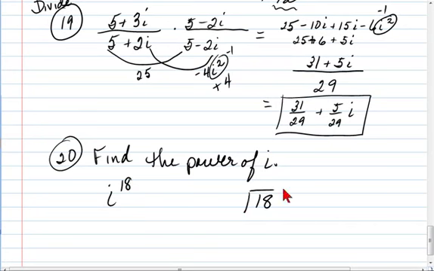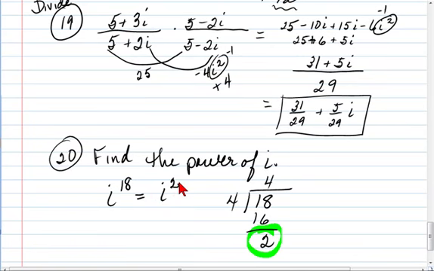I will take 18 and divide it by 4, because in there 4 times, that's 16 with a remainder of 2. The only thing that really is significant to me in this is the remainder of 2. That means that i to the 18th is the same as i to the 2nd, and hopefully you remember that one. It is equal to negative 1. So i to the 18th is negative 1.